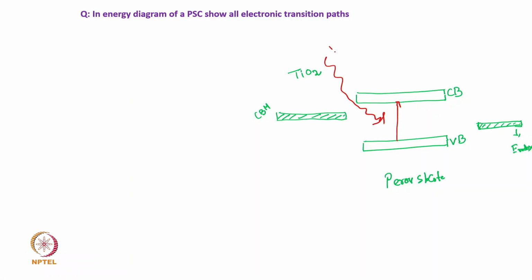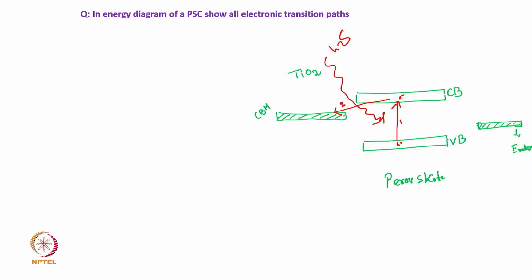when light falls. Okay. So, holes and electrons are generated. This is path 1, you can see. All right. So, the electron is injected into TiO2. So, this is path 2, the injection process, okay.